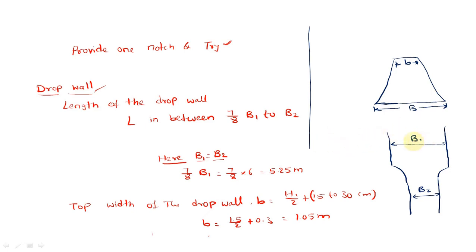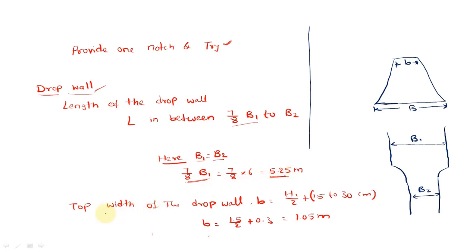Suppose you provide less than that, we will go with the minimum value, 7/8 times B1, so that the cost of the structure can be reduced. You can provide full also, no problem. So here the width of the drop wall is 5.25 meters.